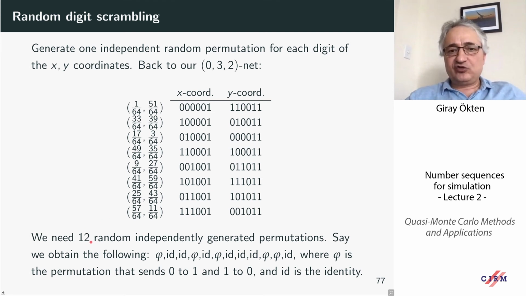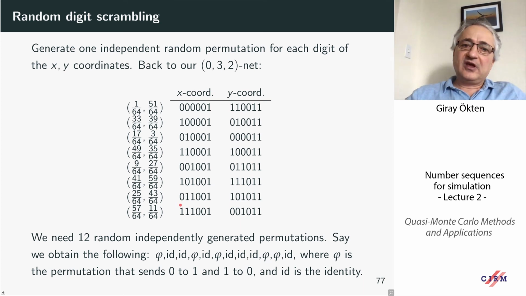And we're going to generate 12 random permutations. Okay. And let's say the random permutations we obtain are phi and ID, and in this list, ID means simply the identity permutation, and phi is the one that flips. Let's take phi and apply phi to all the first digits of the x coordinates, and we'll take ID and apply it to the second digits of all the x coordinates.